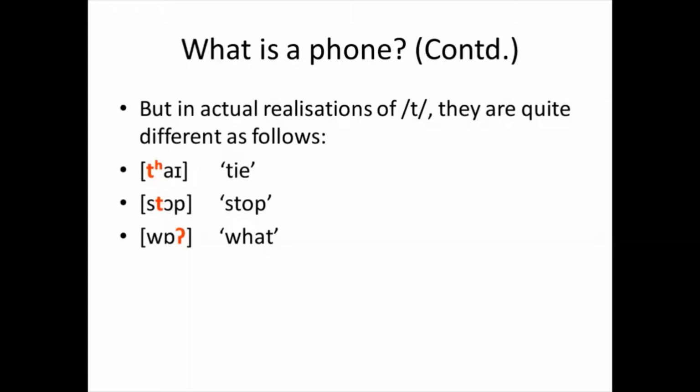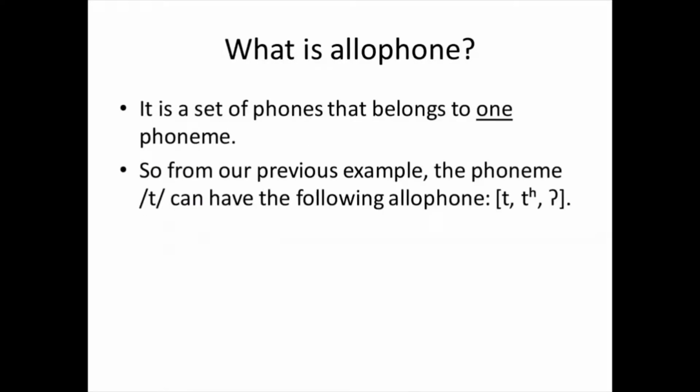So this brings us to another terminology called allophone. Now, what is an allophone? An allophone is a set of phones that belongs to one phoneme. A set of phones that are derived or come from one phoneme is called allophones.